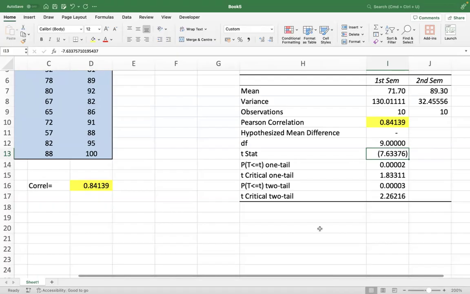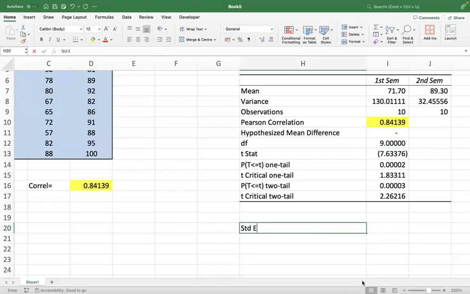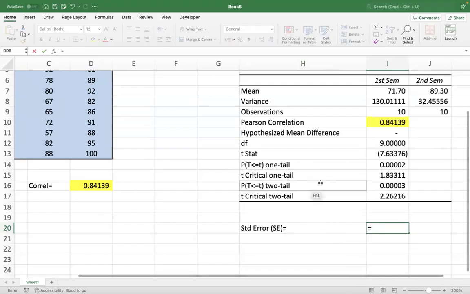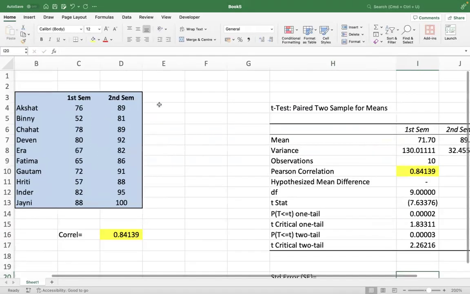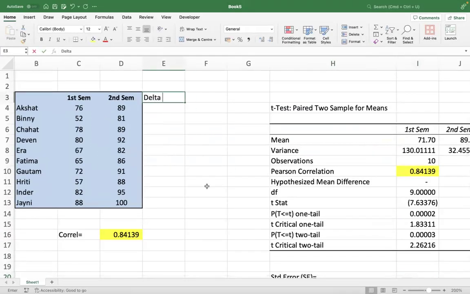So let's find out the standard error first. Now please remember, first we need to find out the delta, because the delta is what we are concerned with, right? The delta between the two distributions.